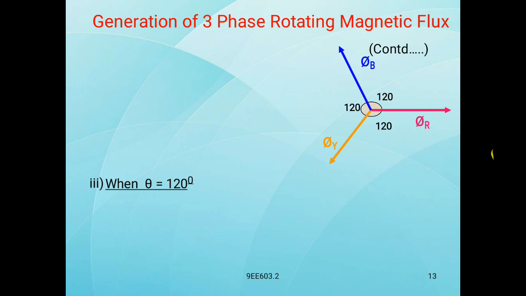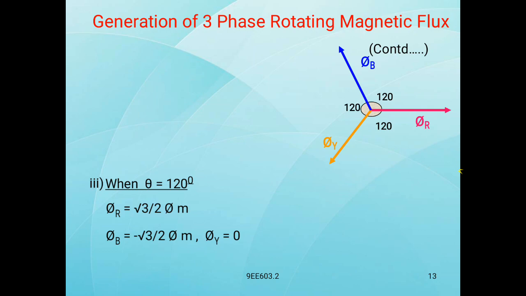When θ is equal to 120 degrees, φr is equal to √3/2 φm and φb is equal to minus √3/2 φm. So φy is equal to 0, and here the resultant flux is determined.